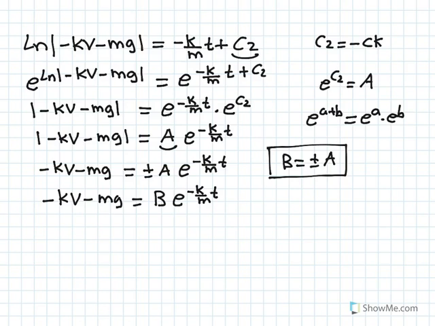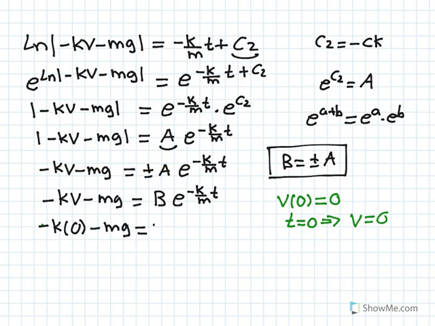Now we need to find the value for b. Well, we're given the initial velocity. The initial velocity is 0. The object falls from rest. V of 0 is 0. This means when time is 0, the velocity is 0. Let's plug those in. So we get minus k times 0, because velocity is 0, minus mg is equal to b e to the minus k over m times 0.